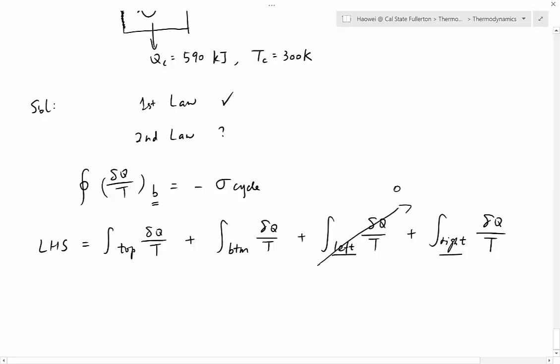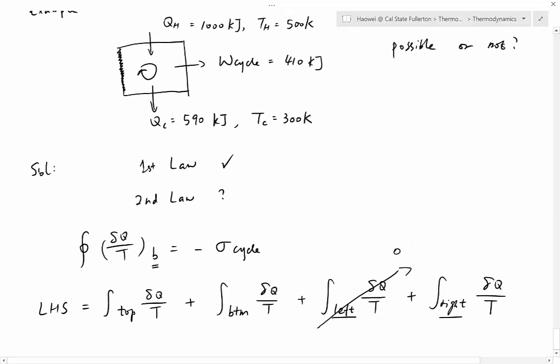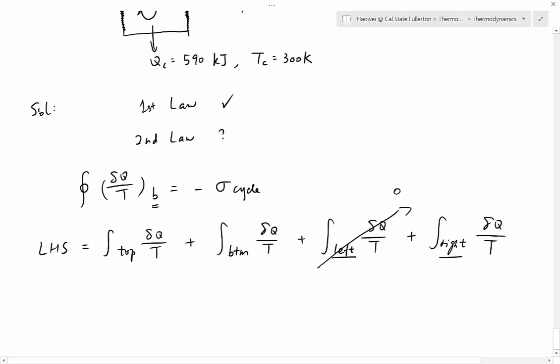And now let's take a look at the right surface, which is here. Do we have heat transfer? We have work, but we do not have heat transfer on the right surface. So on the right surface, Q is also 0. If Q is equal to 0, then this term goes to 0.